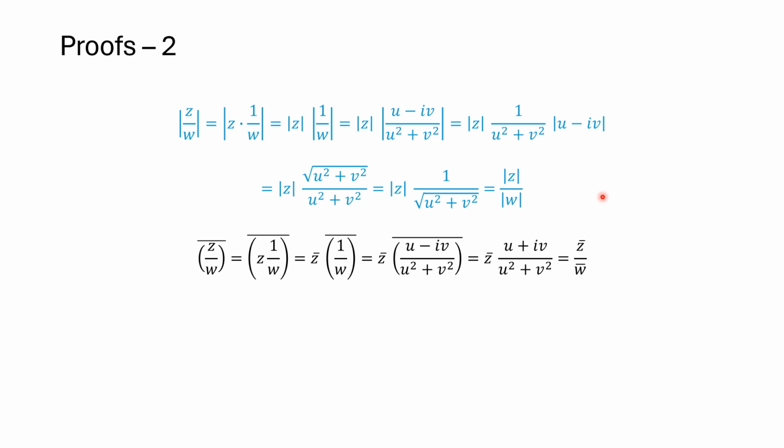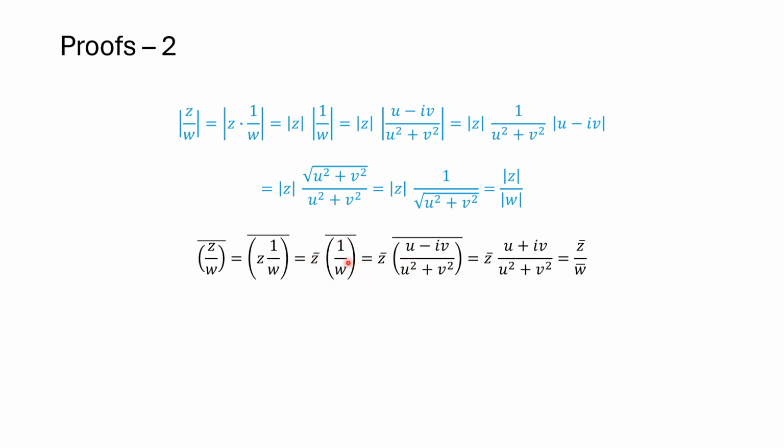The next one's a bit more involved. It's the conjugate of a quotient. We break up the quotient as z times 1 over w. Then we've previously proven that the conjugate of a product is the product of the individual conjugates. So we get this here.